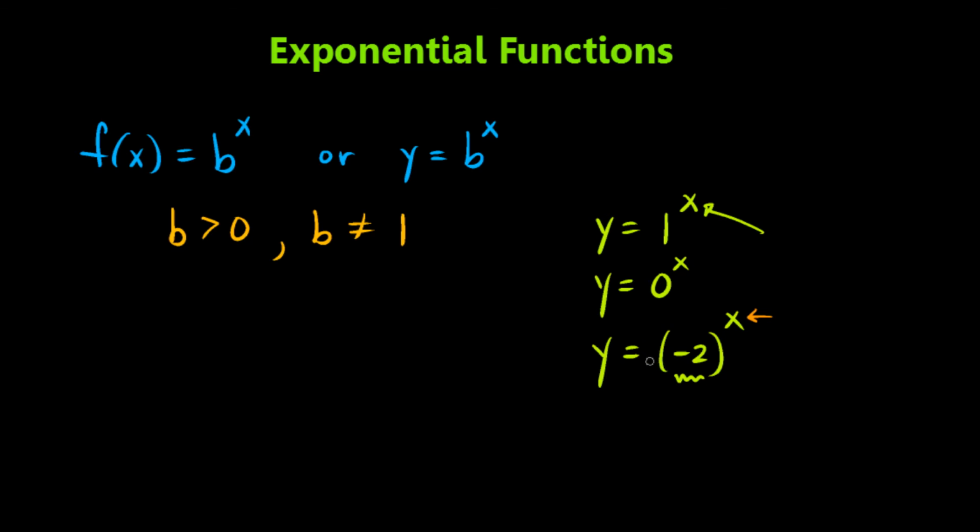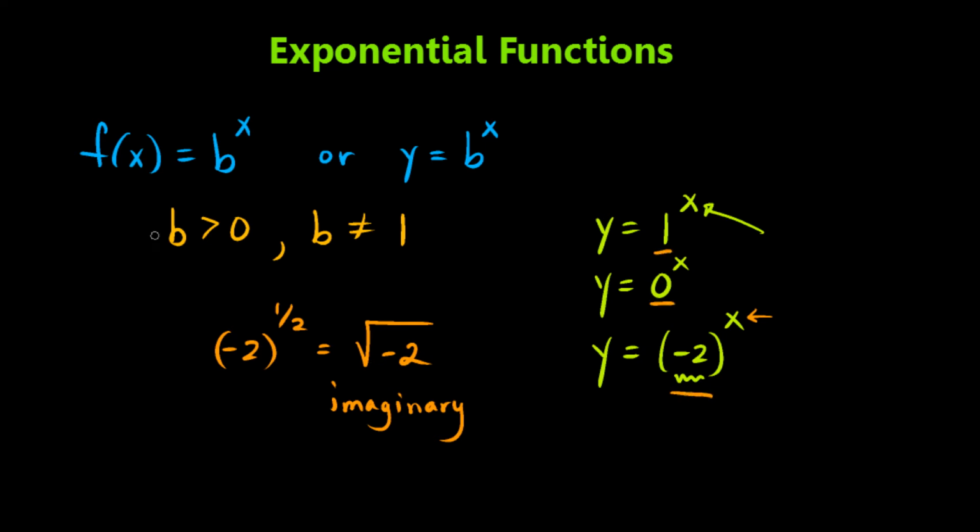Let's say x was 1/2: negative 2 to the 1/2 power is the same as the square root of negative 2, and that is imaginary. So it would not have a real output, and we can't have that. So it can't be 1, it can't be 0, and it can't be negative. Essentially, it has to be greater than 0 and it can't equal 1.